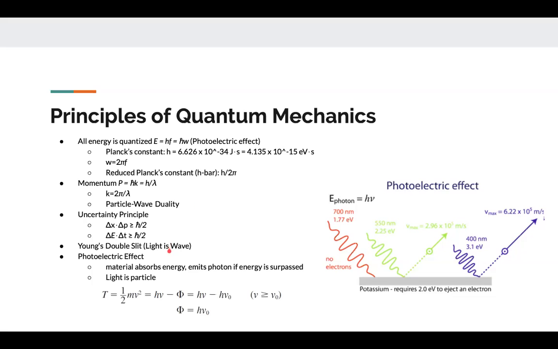Also, light is both a particle and a wave. There's particle-wave duality. That's from both Young's double slit, which suggests that light is a wave, and the photoelectric effect, which suggests that light is a particle.